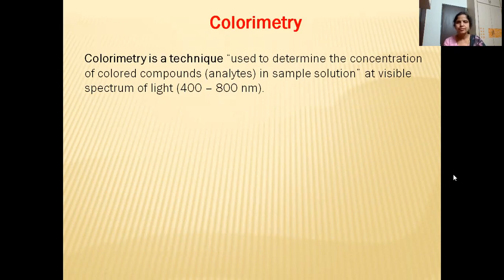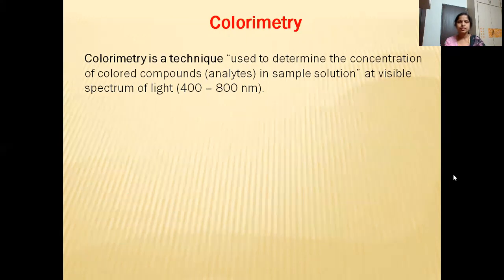Then only we can determine the concentration by using the colorimetry technique. The light source we are using is at visible spectrum, because as we know, in the visible spectrum all the colors can be seen, between the wavelength 400 to 800 nanometers. So colorimetry is used only for colored compounds.